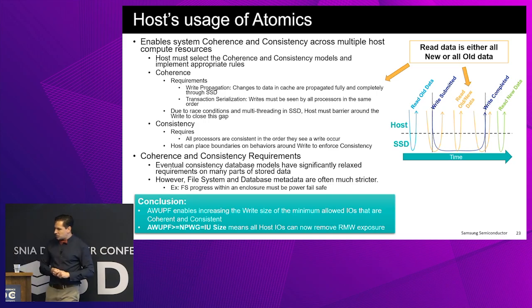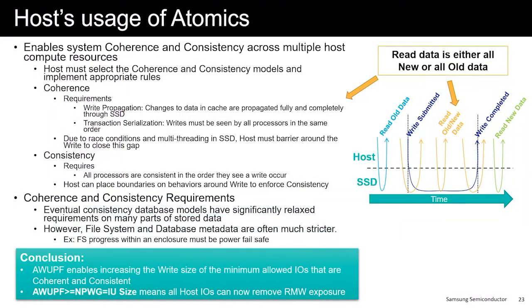And I should have popped up my conclusions there. But AWUPF allows that assumption of the size of the write for that consistency and coherence, and across power fail is one of the important things.